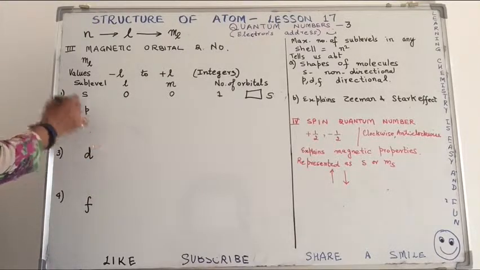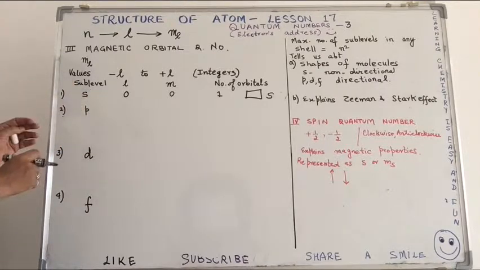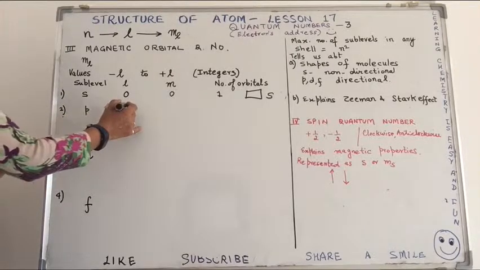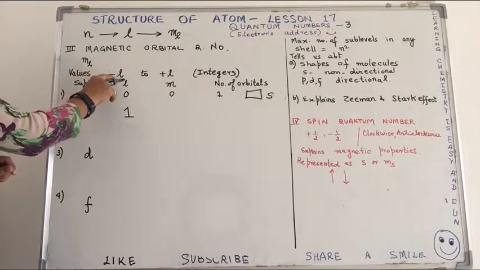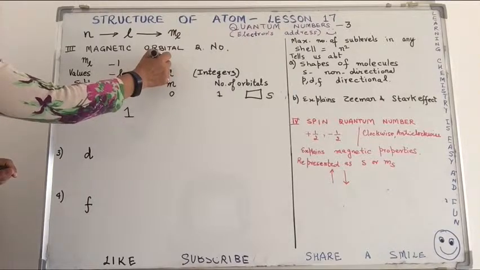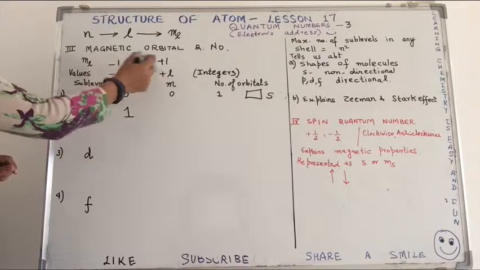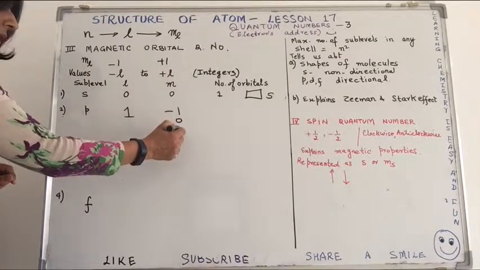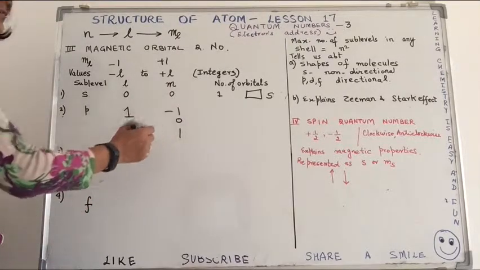Coming to the P sublevel, try recalling your knowledge of the azimuthal quantum number and give me the value of L. Yes, it is 1. The values of ml are from -1 to +1, all integers. So what are the integers between -1 and +1? -1, 0 and 1. In other words, how many orbitals do we have?